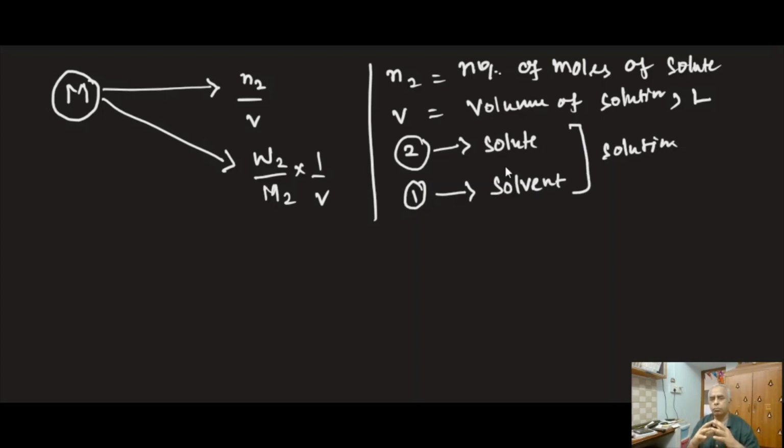So these two are present in solution. There is an equilibrium between the solvent and solute to give the solution, is it not? Then n2, when I ask you what is the number of moles of solute, you should be able to tell that it is the weight in gram divided by the molar mass of that particular solute.